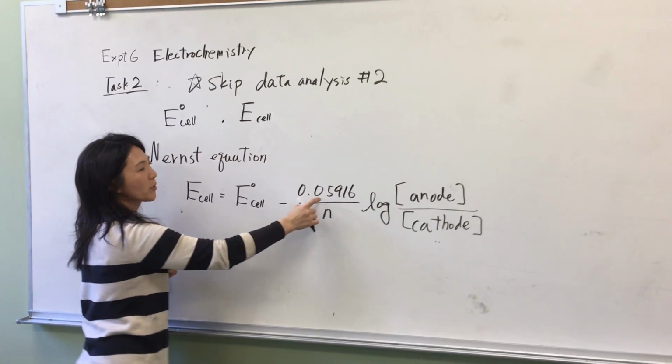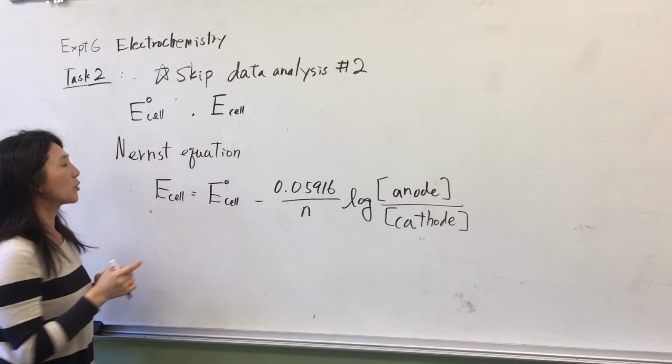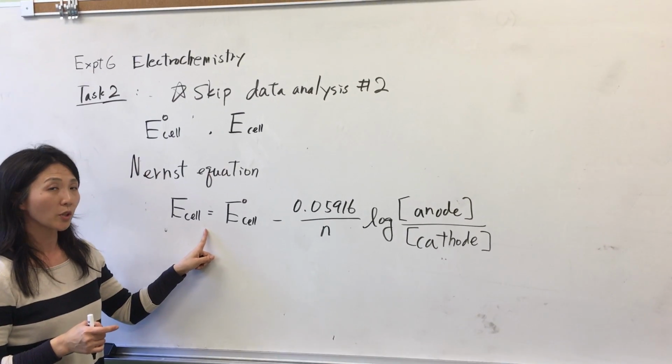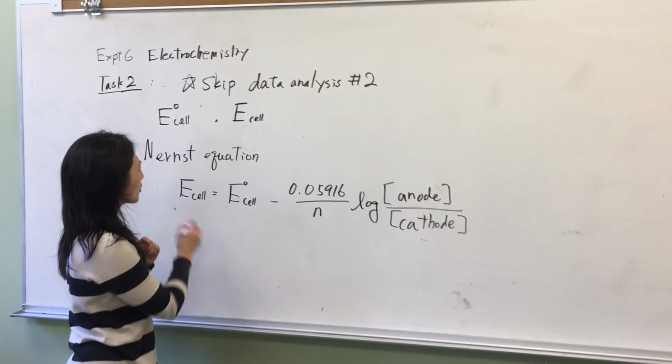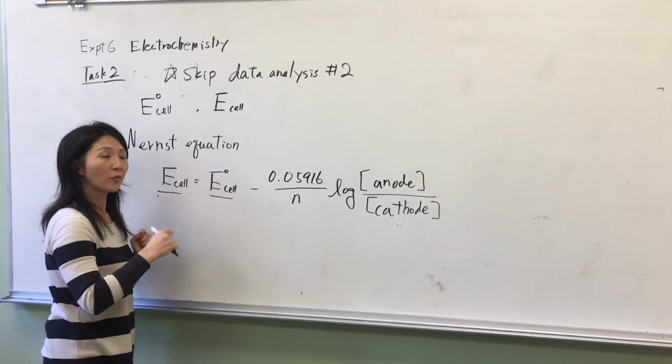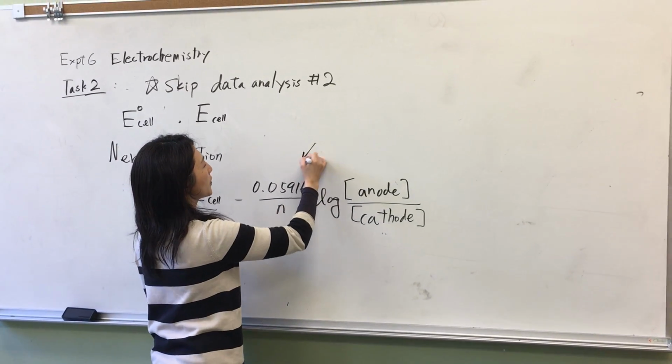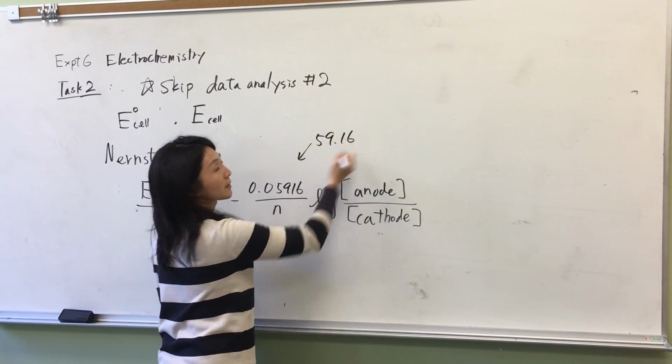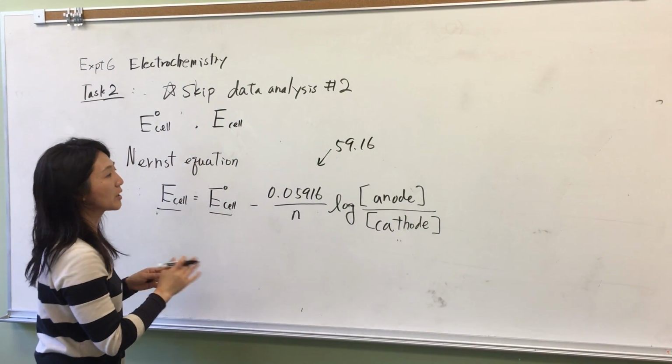If you use 0.05916, you have to use the cell potential in volts. But if you want to use the cell potential in millivolts, this has to be 59.16. So you can use either way.